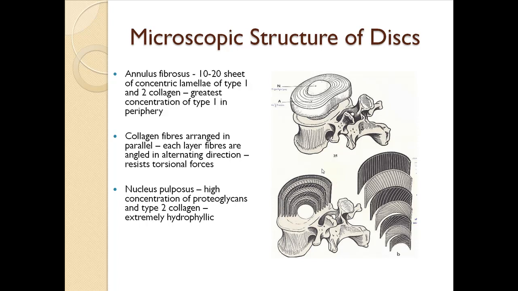The collagen fibers are arranged in parallel layers, but in each adjacent layer, the fibers are angled in alternating direction, and this is to allow resistance to rotational or torsional forces. The nucleus, on the other hand, has a very high concentration of proteoglycans and type 2 collagen. It's extremely hydrophilic, so the majority of the nucleus itself is water.